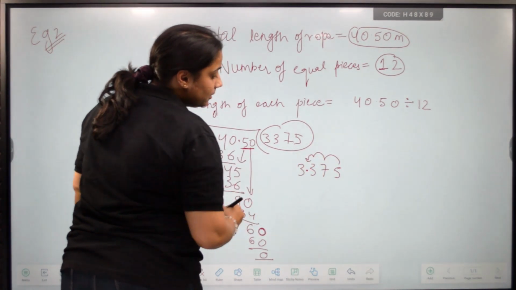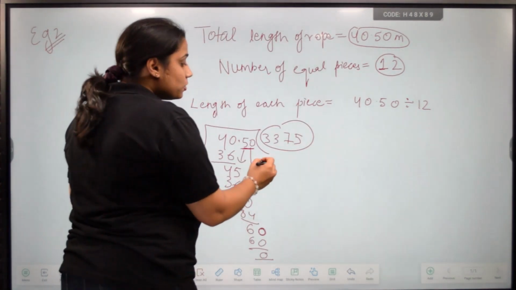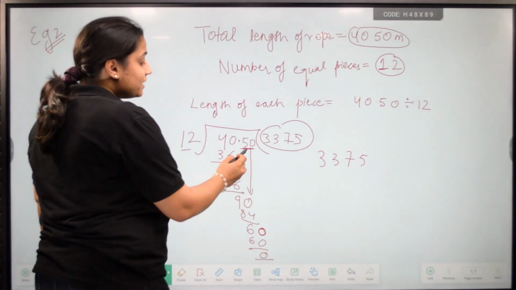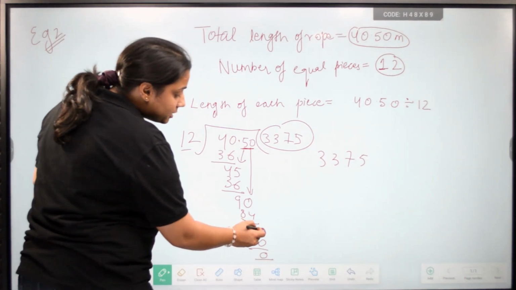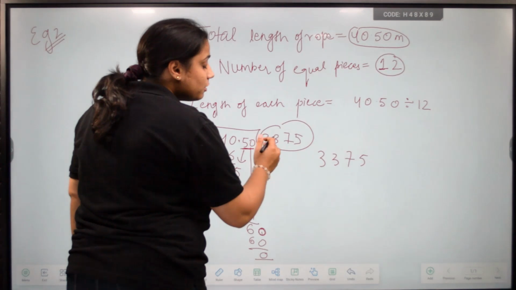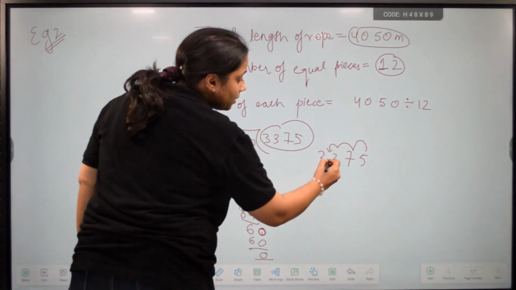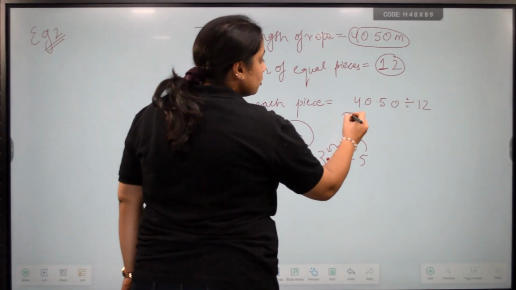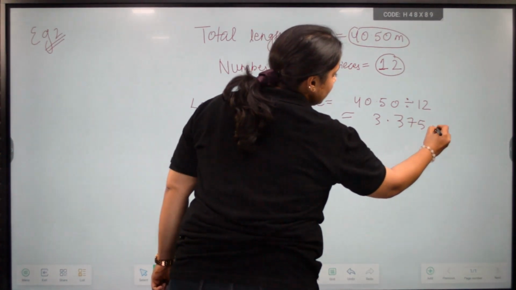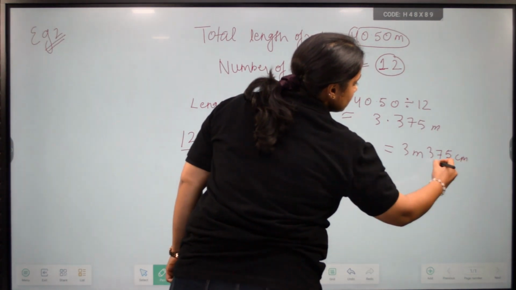So it will be placed here. So the required length of each piece will be 3.375 meters, and that can be written as 3 meter and 375 centimeters.